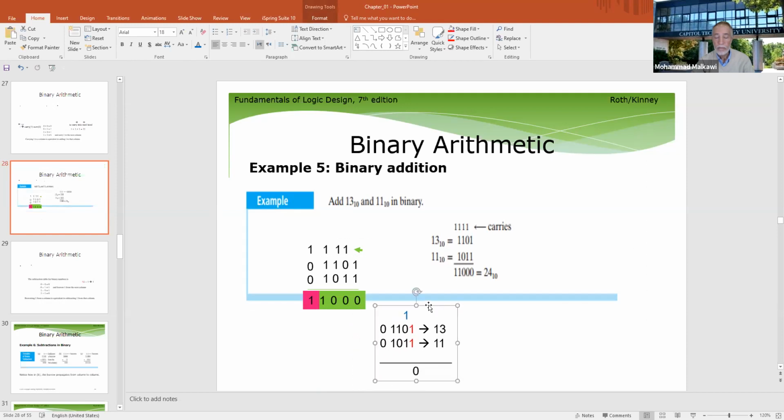So I'm adding 1 plus 1 is 0, and there is a carry into the next stage. Now I am adding 3 digits, 1 plus 0 plus 1.